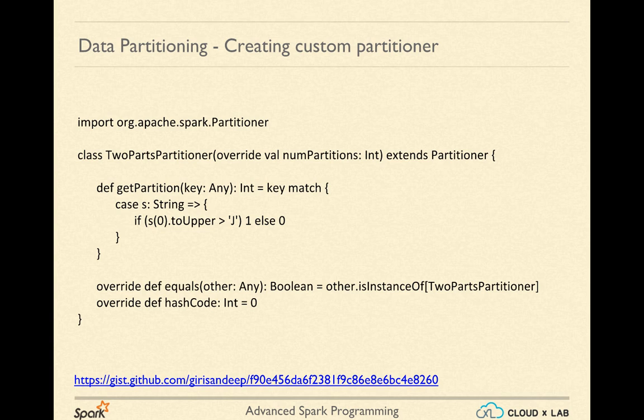The second method, equals, is used for comparing two partitioners, and third method, hashCode, is used for computing hashCode. We are not going to use either of those two methods. Equals and hashCode are kind of standard methods to implement in a Java class.